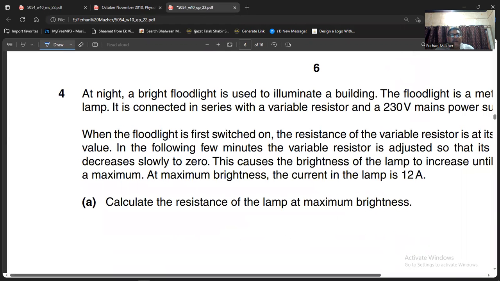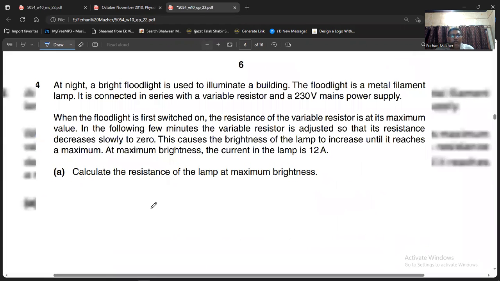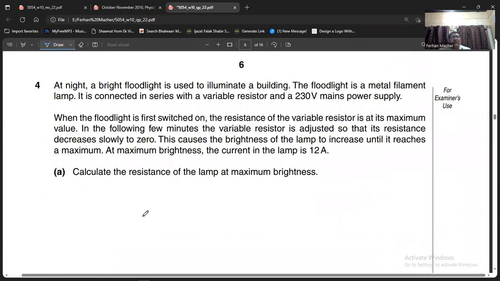He says, at night, a bright floodlight is used to illuminate a building. The floodlight is a metal filament lamp. It is connected in series with a variable resistor and a 230-volt mains power supply. When the floodlight is first switched on, the resistance of the variable resistor is at its maximum value.